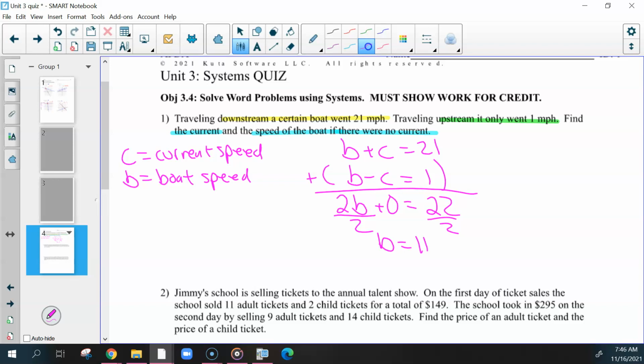These are in miles per hour. So that was one of our answers. If you got the current was 11 miles per hour, remember that these should be regular situations where the boat or plane is moving faster than the current or wind speed. So that should have told you something is off, something is wrong.